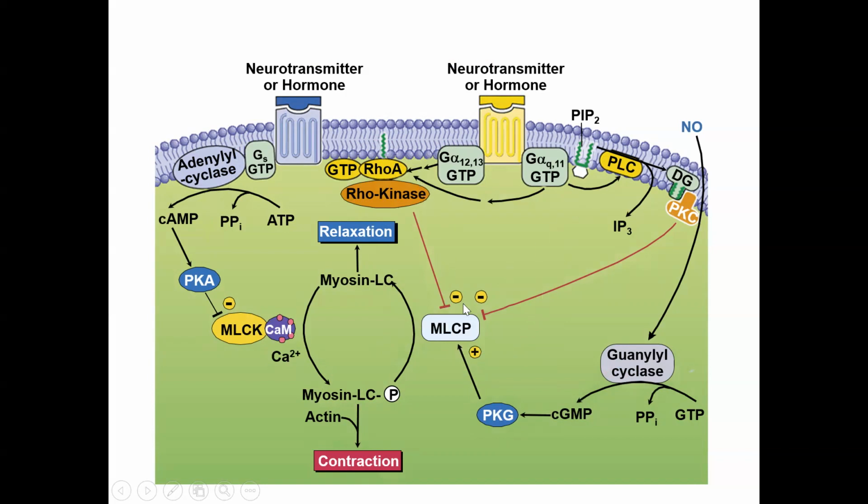Another pathway you see here through this PKC, you can also inhibit MLCP, and also through this pathway by hormones, for instance, which bind with these receptors and stimulate this pathway, they can inhibit myosin light chain phosphatase. As they inhibit, they increase the muscle force, because inhibition of this enzyme means less dephosphorylation. It means myosin chain becomes more phosphorylated and balanced to MLCK and produces more contraction force.